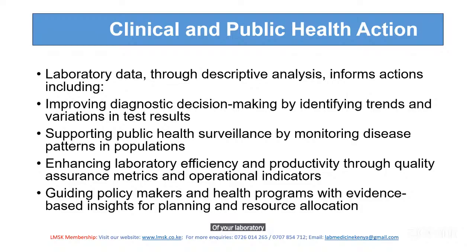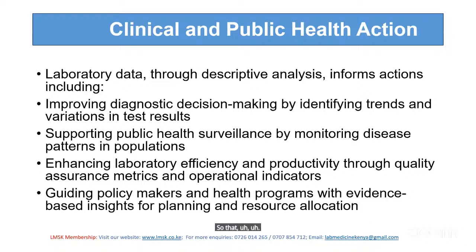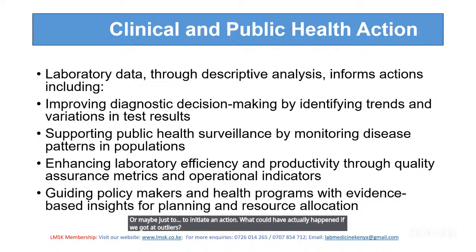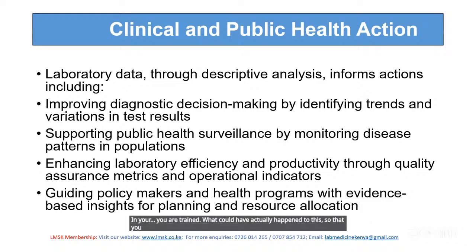Are you able to come up with the trend, so that it would help you to put in more effort, or initiate an action? What could have happened if you've got outliers in your trend, so that you get to fix the outliers?